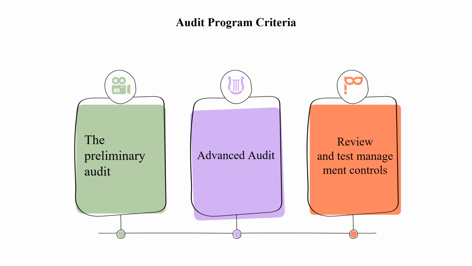Second, review and test management control: testing of management control and making a summary of the results of management control testing. And last, advanced audit: development of management control test findings, presentation of further audit results, discussion of findings with the person in charge of the audit, discussion of further audit results with the audit object, and formulation of recommendations.